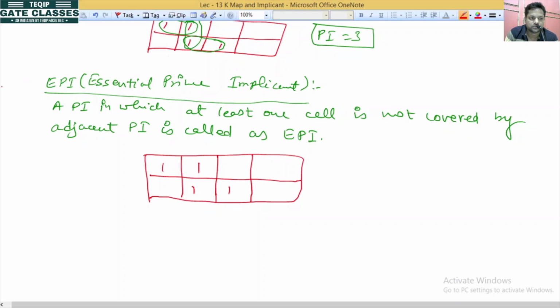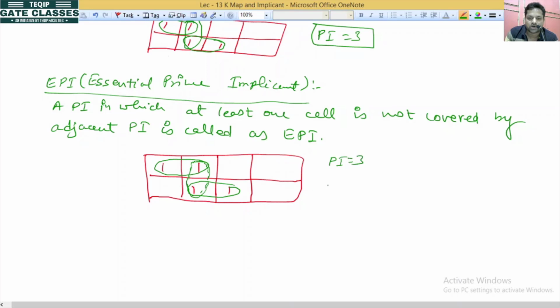In this case, maximum possible grouping is this one. I am placing a dotted line. So in these three groups, we know that all these three are PI. PI is equal to 3.